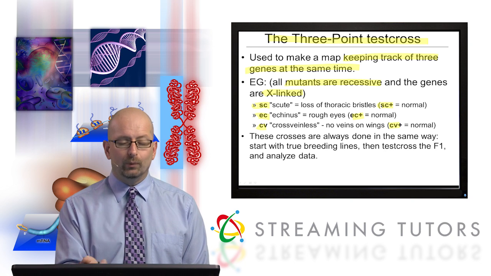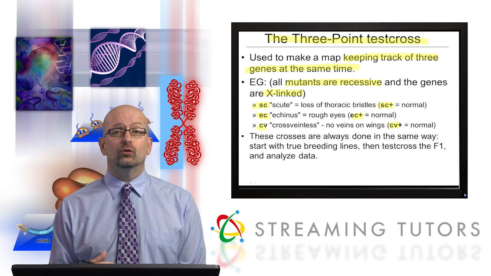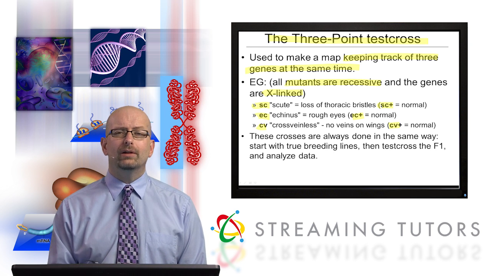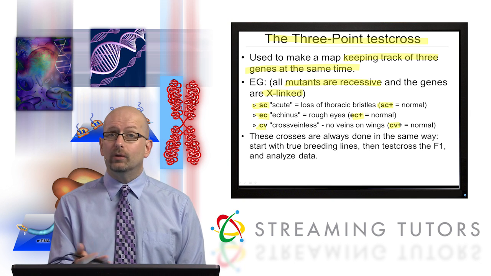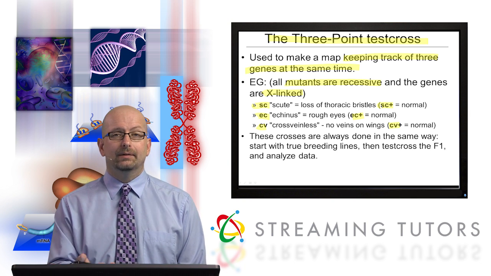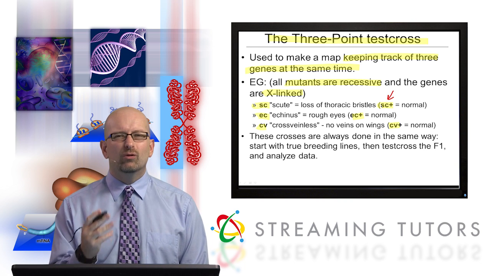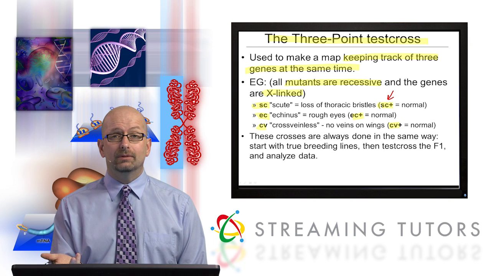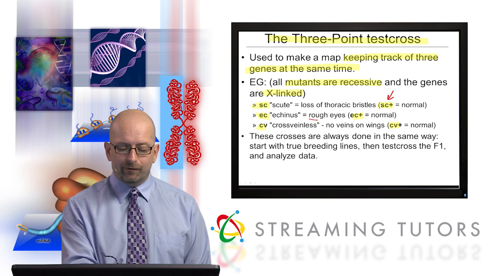So what's normal? Well, scute means that there's a loss or lack of bristles on the thorax of the fly. Usually there are these little hair-like projections. In the case of a scute individual, they don't have that. All right? If you're wild type, you're normal, meaning you do have that. Remember, in fly genetics, they name the loci after the mutations. Echinus is so-called rough eyes.